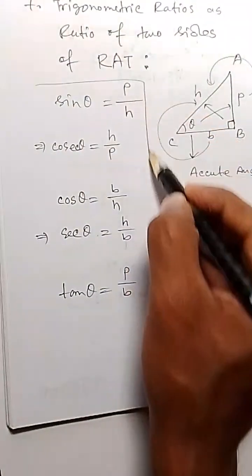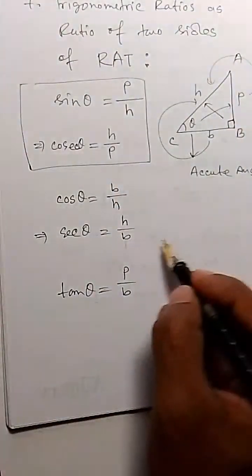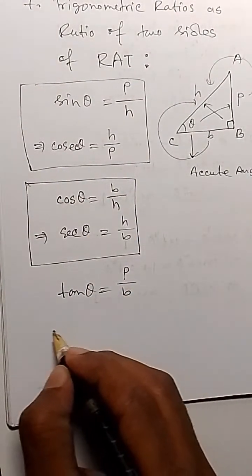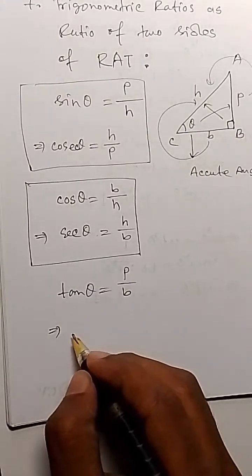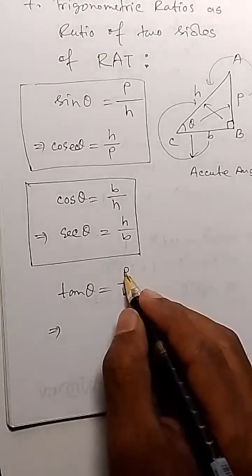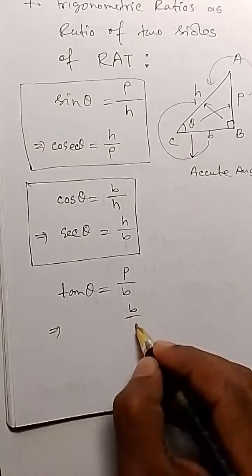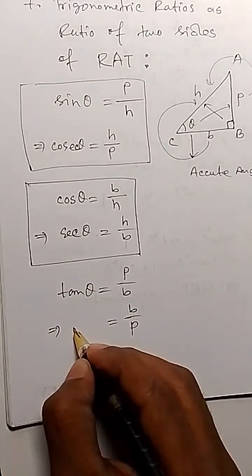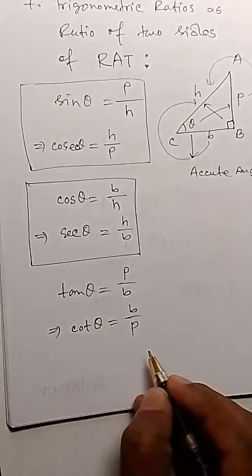And here we can flip perpendicular by base as base by perpendicular, and that will be the opposite of tan theta. So the opposite of tan theta is cot theta, right?